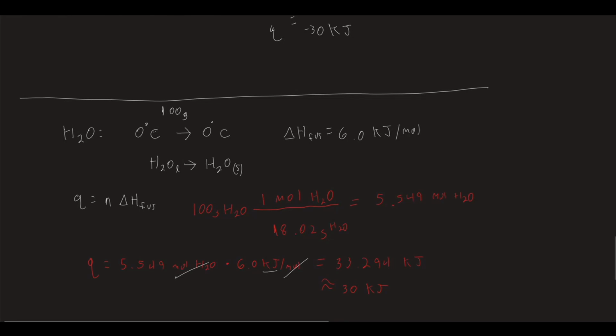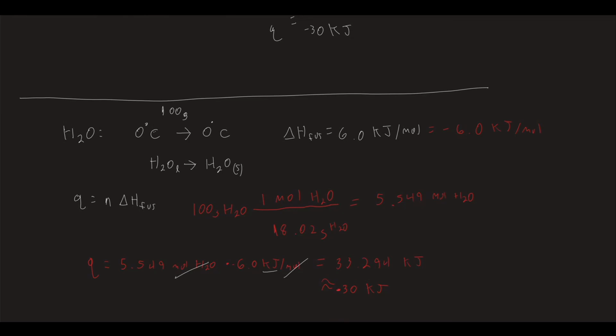Oops, I made a mistake. This should be negative. So we have negative 6.0 kilojoules per mole. And if we use that value right here, this is going to be negative. I was like, why is that positive?